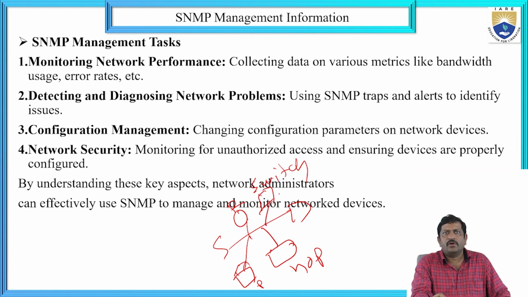By managing these devices, we can effectively monitor, detect and diagnose network problems, identifying the issues while transmitting the data. If there is a delay, we can identify where the issues arise, whether in a router, a switch, a hub, or a printer.